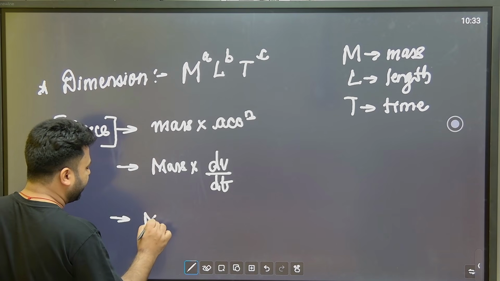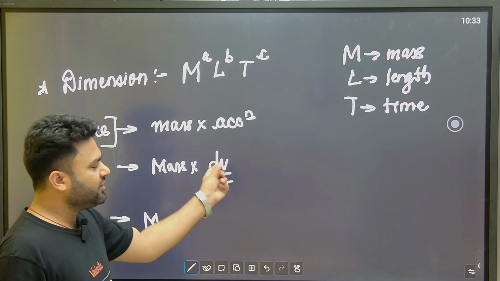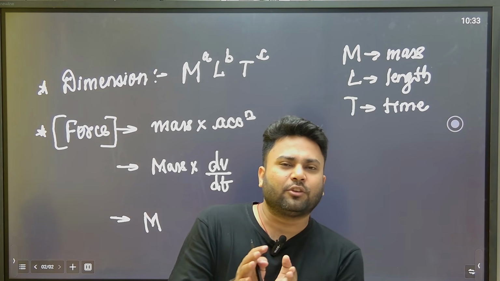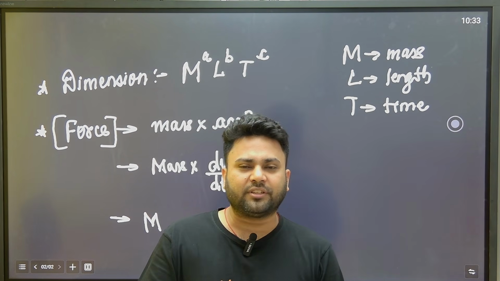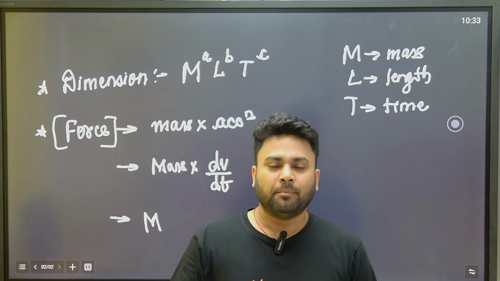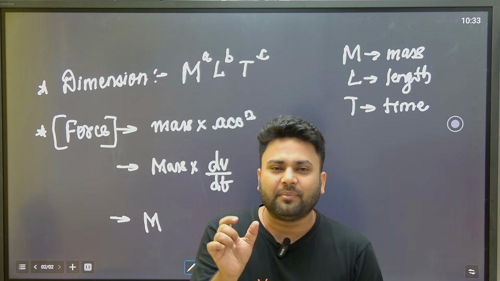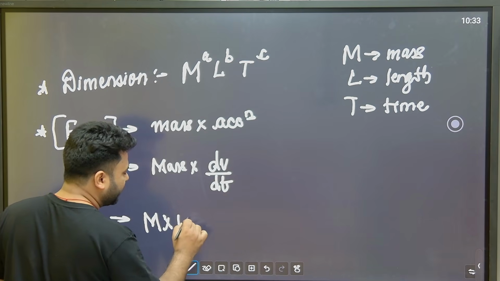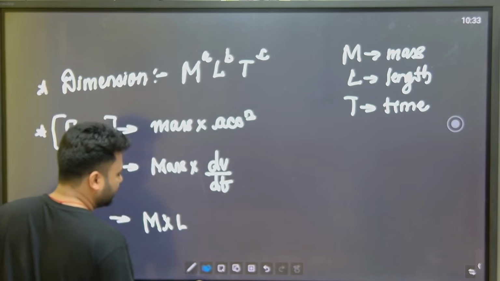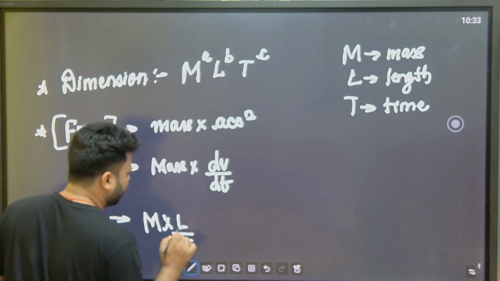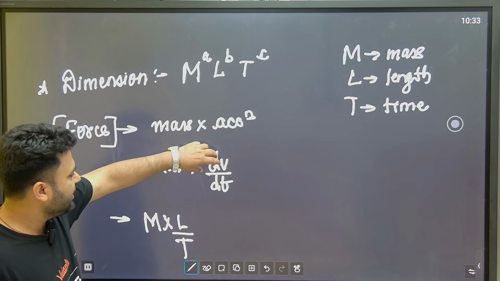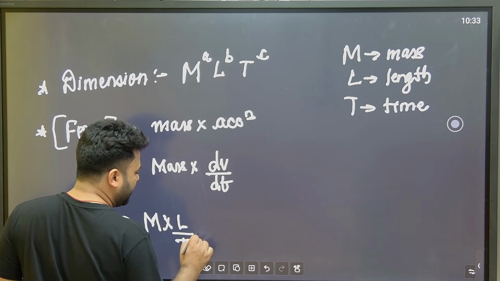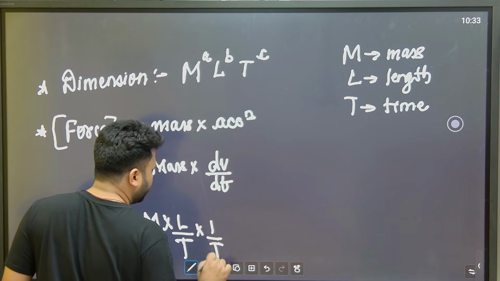For mass, I will write M. Change in velocity: what is the SI unit of velocity? Meter per second. Meter means length, and per second means per time. So this is change in velocity divided by time.